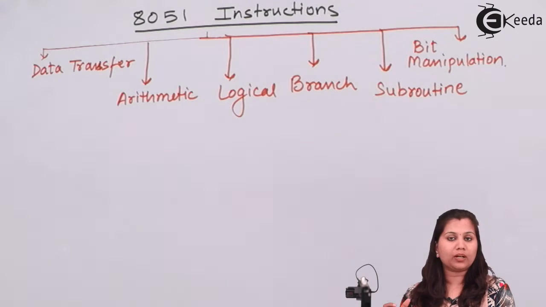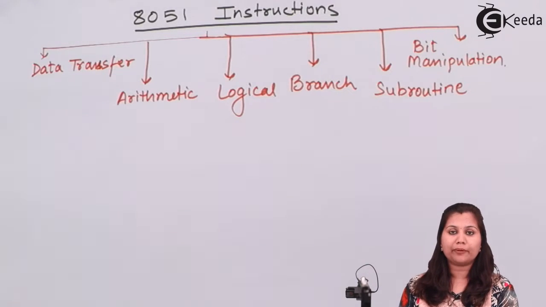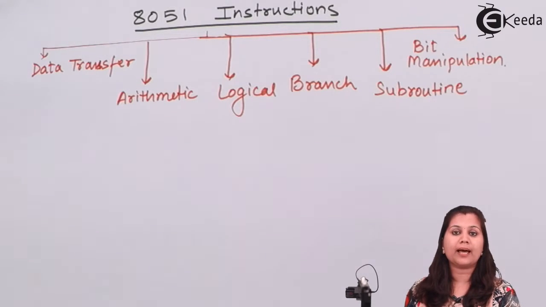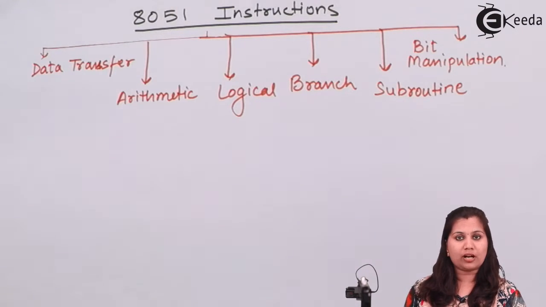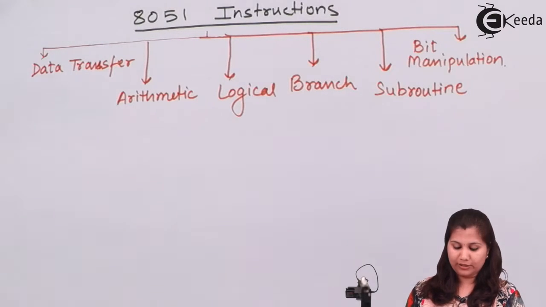In this video, we are going to study the arithmetic instructions of the 8051 microcontroller. These arithmetic instructions perform the arithmetic operations like addition, subtraction, multiplication, division, increment and decrement. All those instructions which perform these operations come under the category of arithmetic instructions.